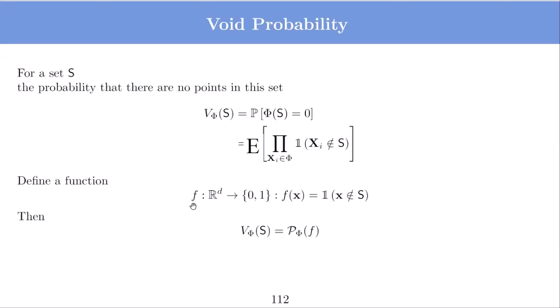If I define a function from R^d to [0,1] such that f(x) is the indicator that x does not belong to S, then this is nothing but the expectation of the product over all this function at x_i. So this is basically just the PGFL of phi for this function. So the void probability of S is the PGFL of the indicator function of x not being in S.